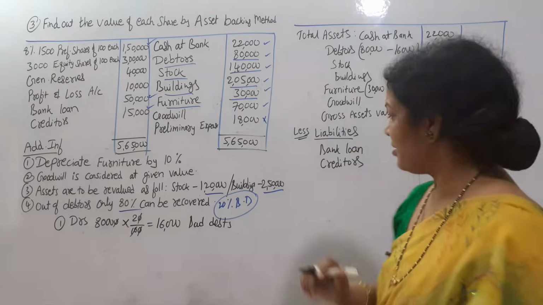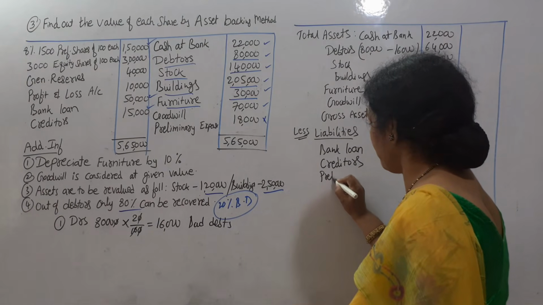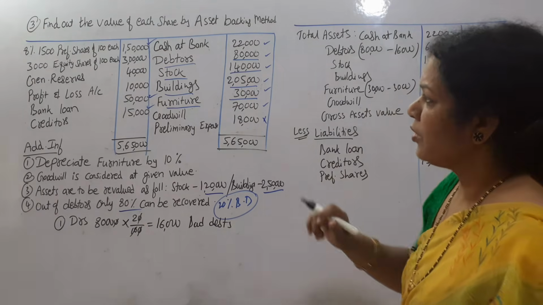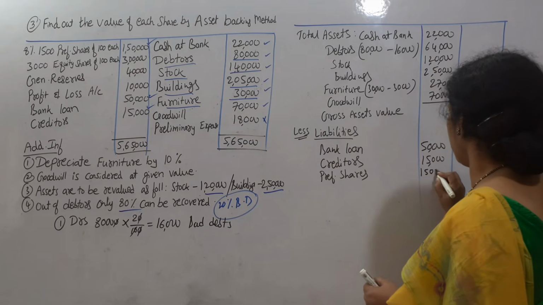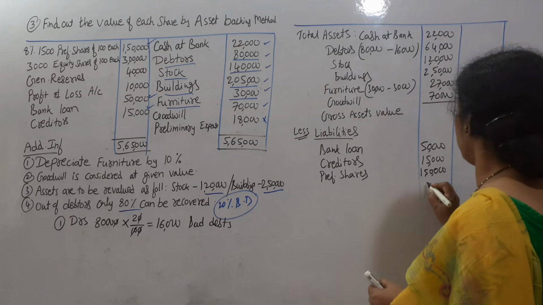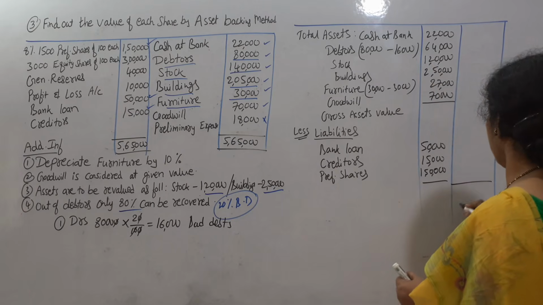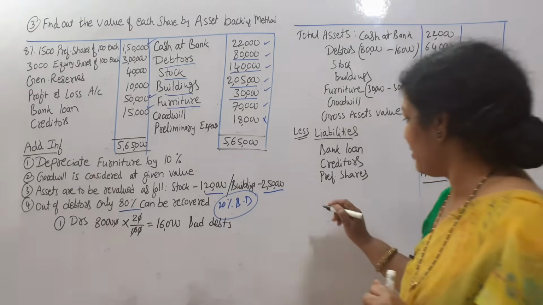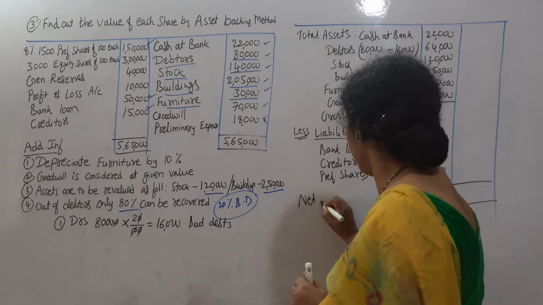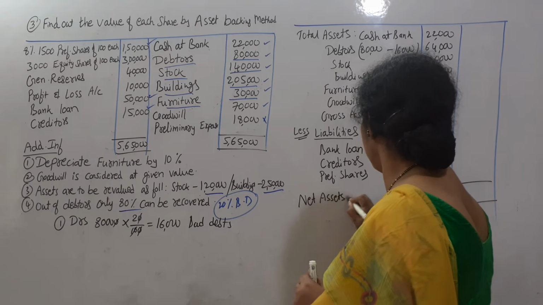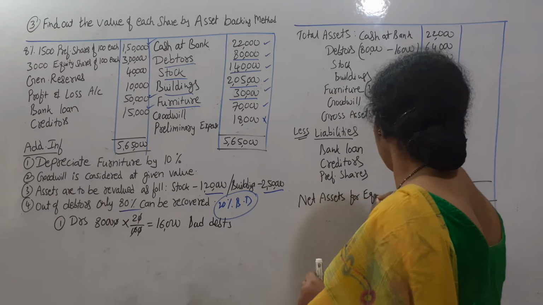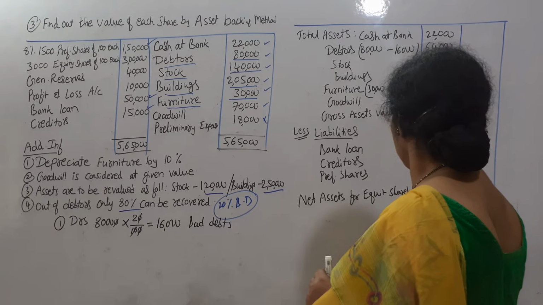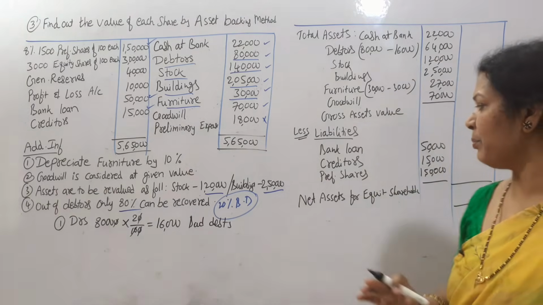Then preference shares. Preference shares are always liabilities. So 1,50,000. If we deduct these, you will get the net assets for equity capital. Equity shareholders you can say, or you can say directly net assets also.